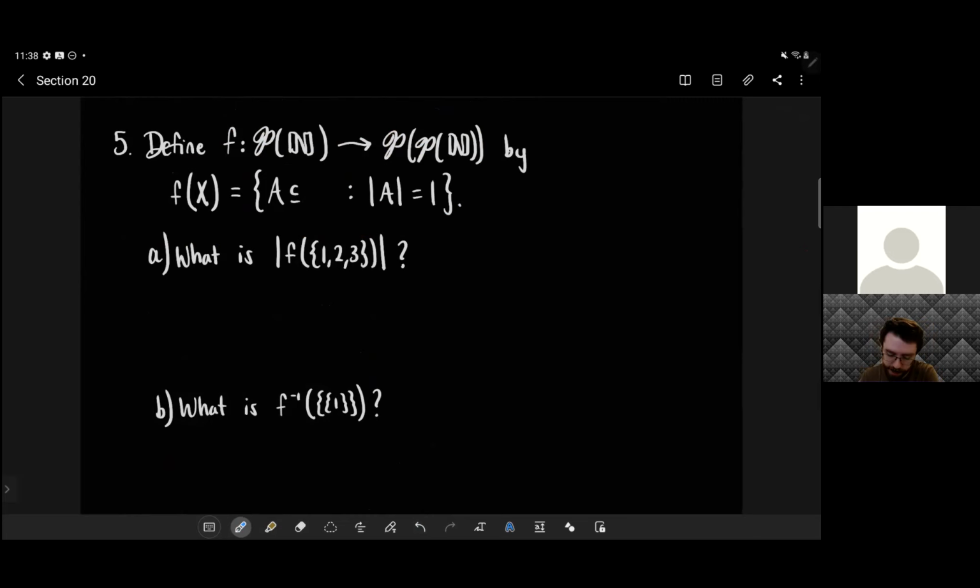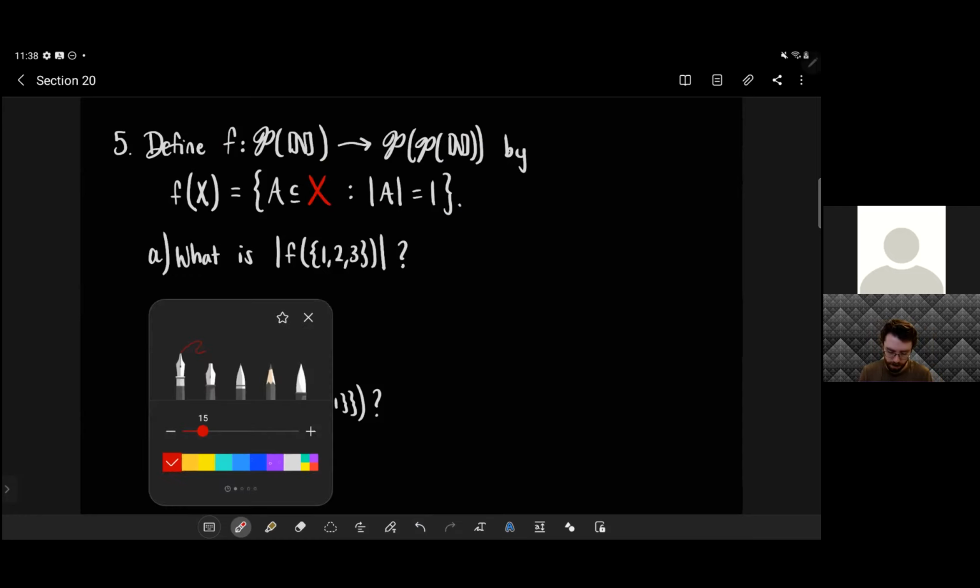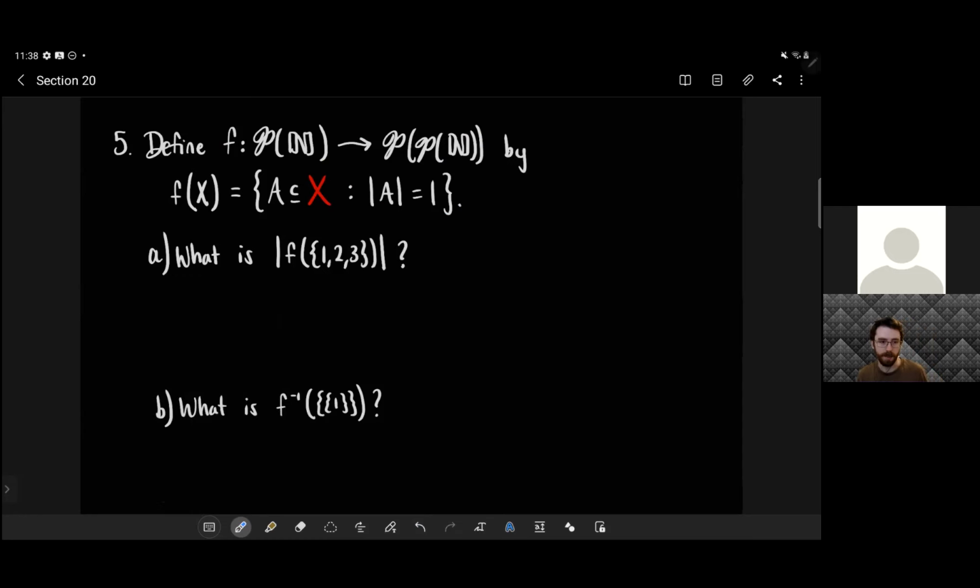This is correct in the section notes, but this is the old version. I think the PDF I emailed has this typo. Anyway, this should say X. Put that in red so we know it's a typo. Anyway, you're outputting all subsets of your set X that have cardinality 1.